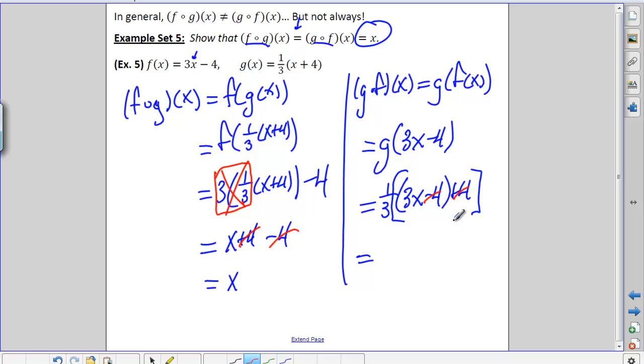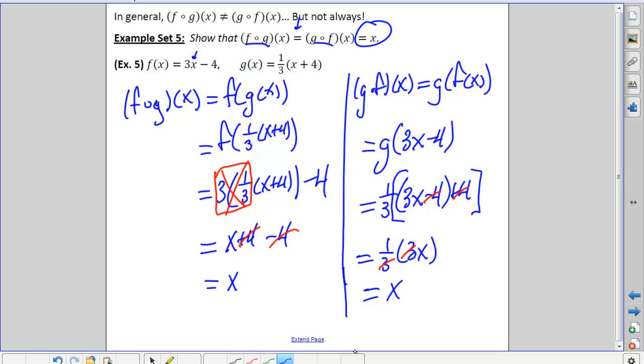Plus 4 and minus 4 are going to cancel out. And also a third times 3x is going to cancel out. We're just left with 1 times x, which is x. So sure enough, f of g and g of f are the same. Not only are they the same, they're both just x.